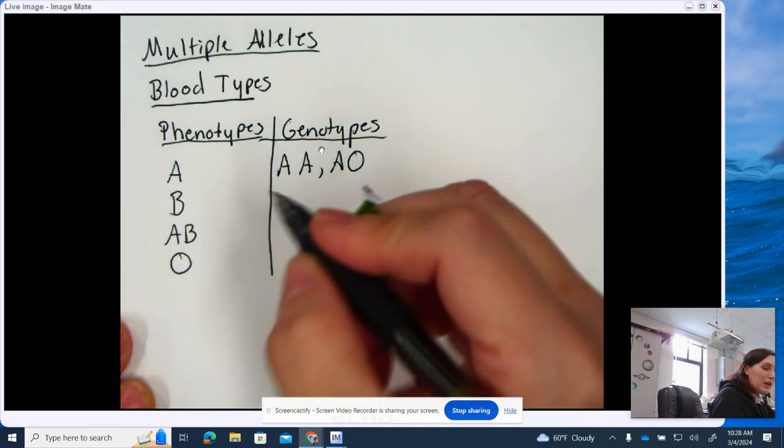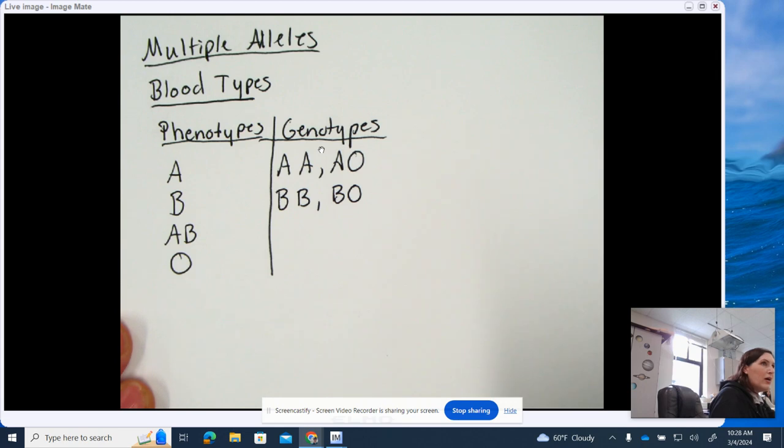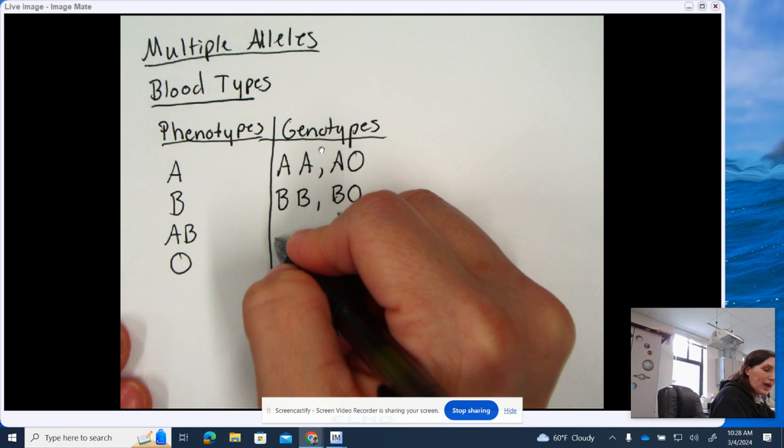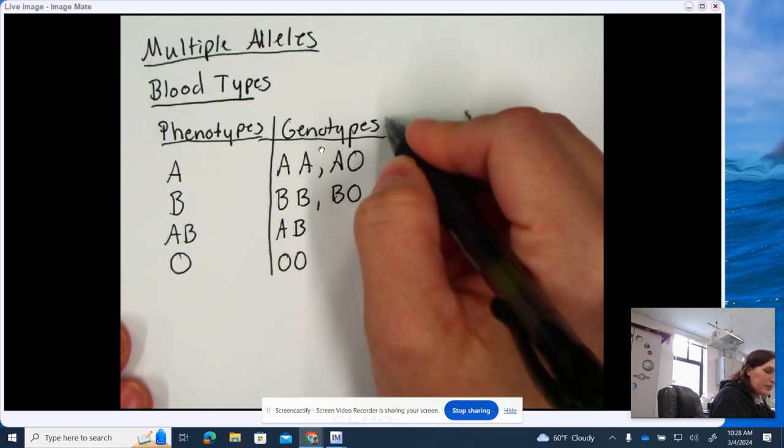If you have type B blood, you can be BB or BO. Angel, I don't see your pencil moving. Thank you. Or you can have type AB or you can have OO.